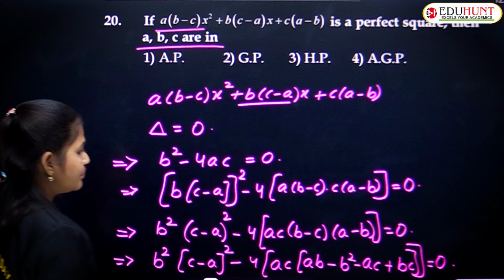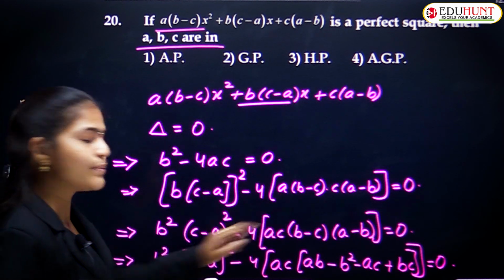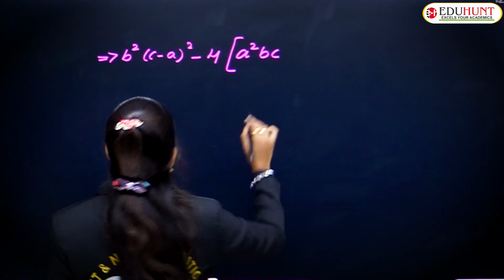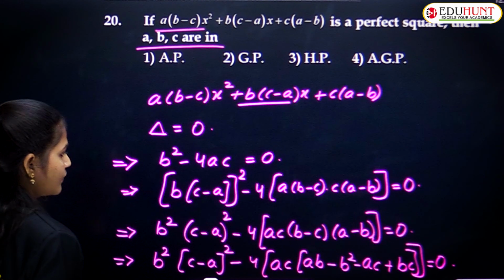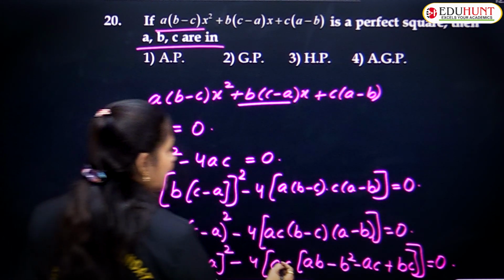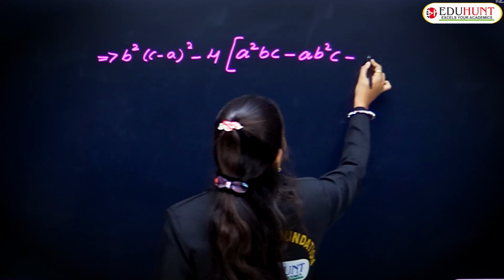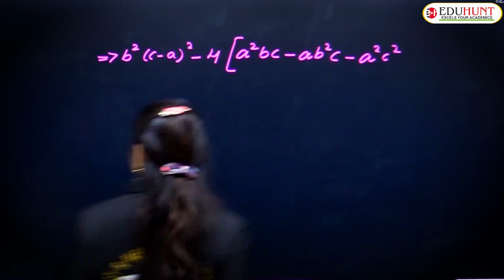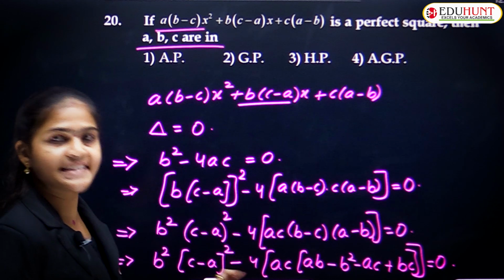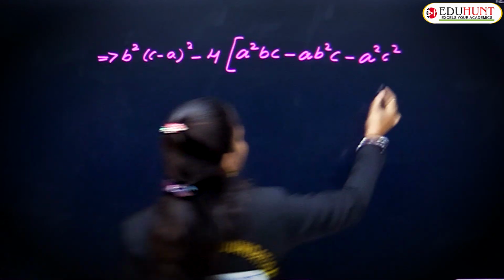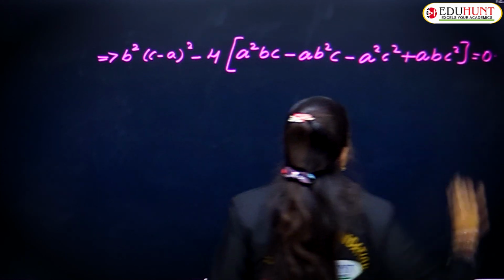Okay, next term, and here minus B square into AC, which is AB square C, minus AB square C. Next AC into AC, so that is minus A square C square. Next one, AC into BC, which is ABC square, plus ABC square, which is equal to 0.